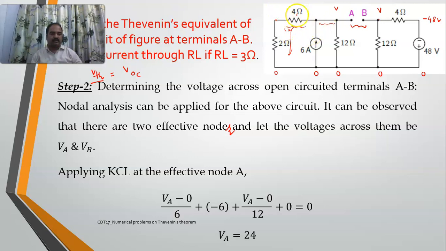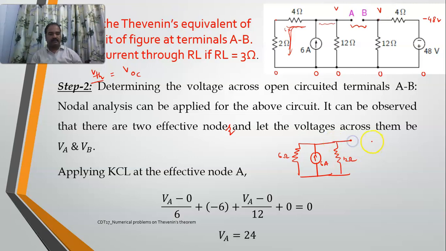See here, what I'm doing is I'm taking these two resistances as 6 ohms combined. So I'm just replacing the network. Here I'll be taking 6 ohms. And here I do have 6 amperes. And here I do have 12 ohms.